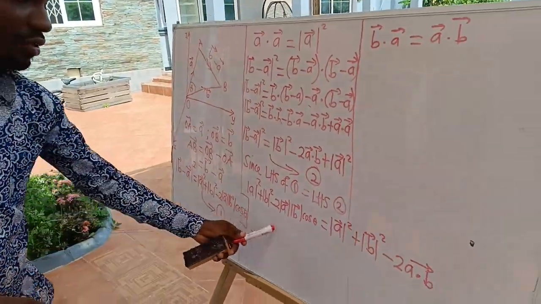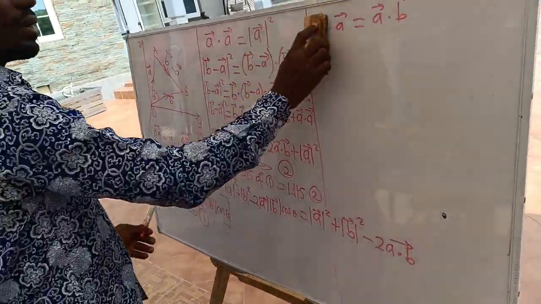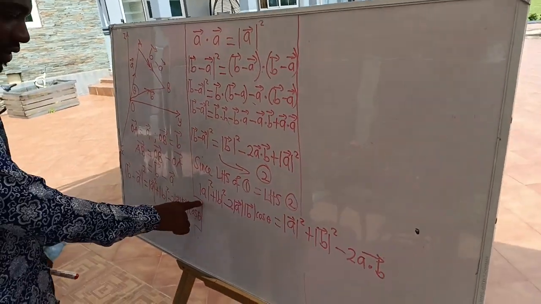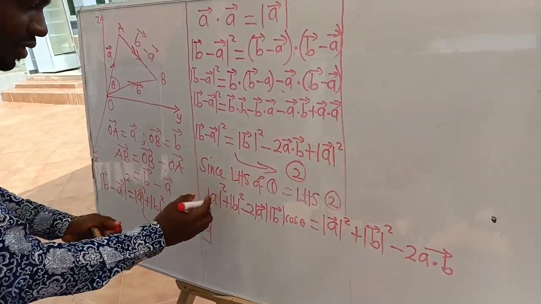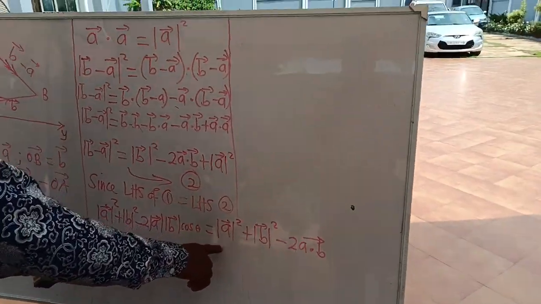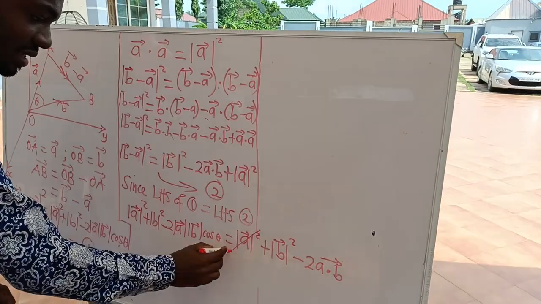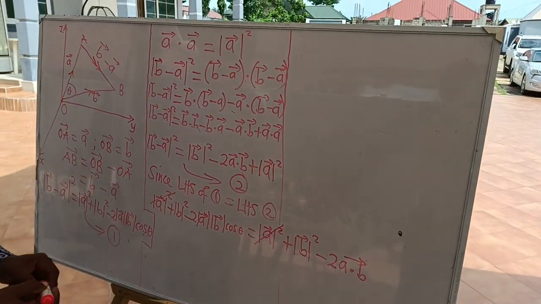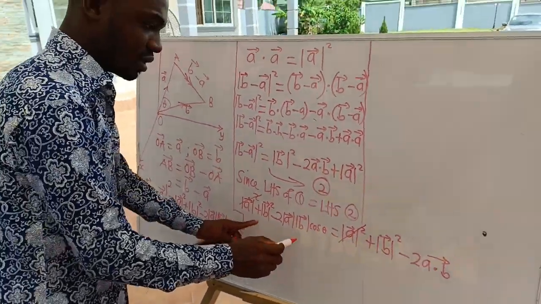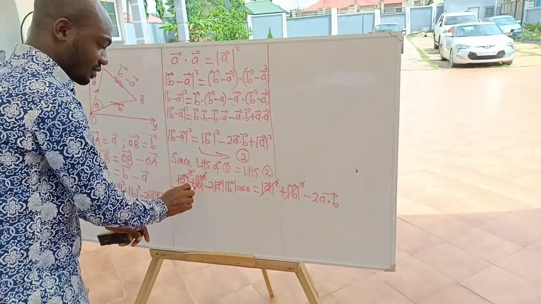Now if this is equal to this, let's try to make some important cancellations. Since we have the magnitude of the vector a squared on both sides, and the signs are the same, we can just cancel them out. This is also just equal to this, and so we can cancel them out.